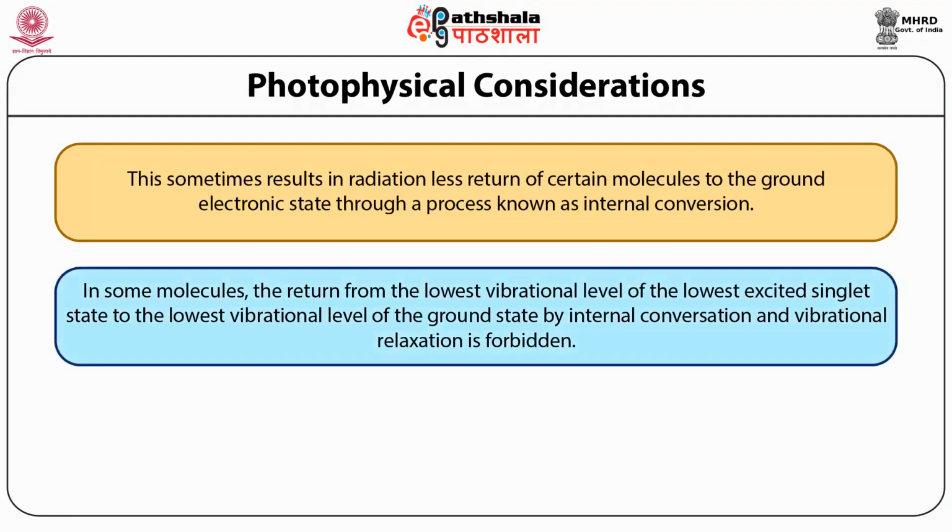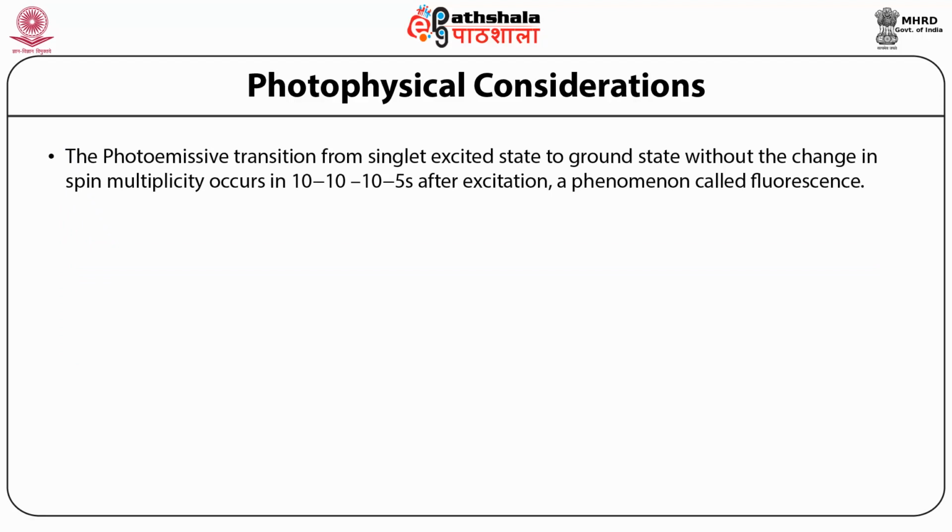In some molecules, the return from the lowest vibrational level of the lowest excited singlet state to the lowest vibrational level of the ground state by internal conversion and vibrational relaxation is forbidden. So you can see fluorescence only in those cases. The photoemissive transition, that is the luminescence you see, from singlet excited state to ground state without the change in spin multiplicity occurs in 10 to the power minus 10 to 10 to the power minus 5 seconds after excitation.